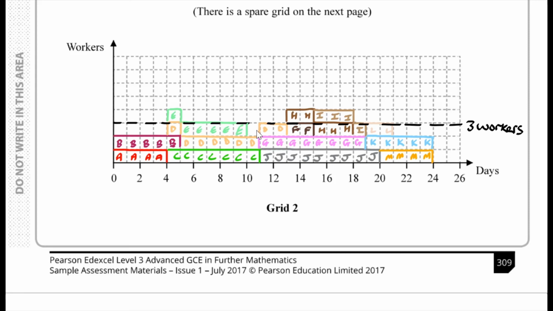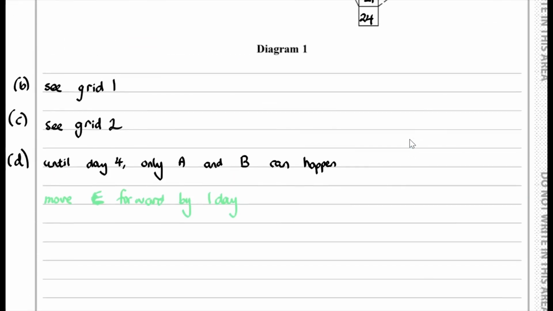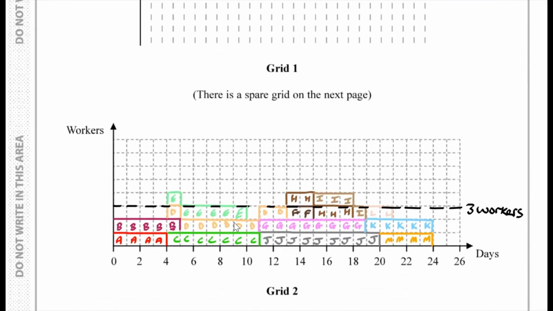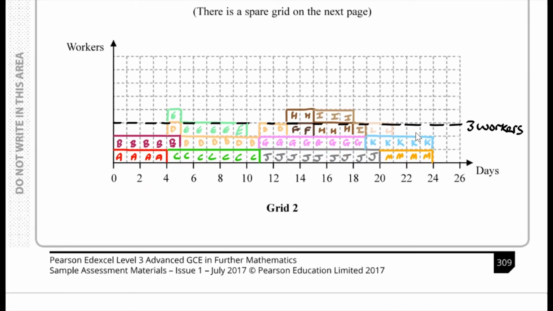So yeah, we can move E forward by 1 day, but the other problem is we have 3 days left over to use, and those are these 3 over here. So we have 3 days, let's write this down in black. We have 3 days left to use, okay, which will take us up to 24, and that's these 3 days, okay.